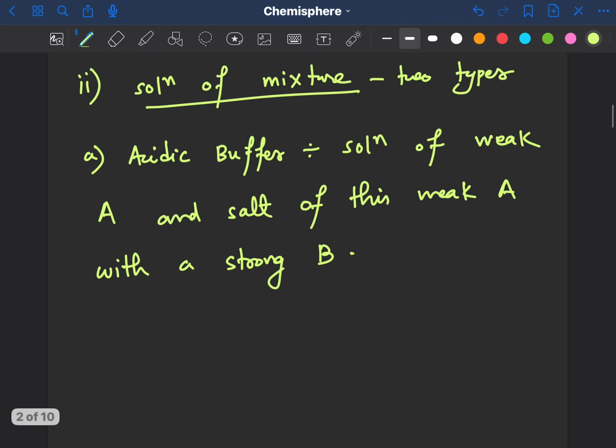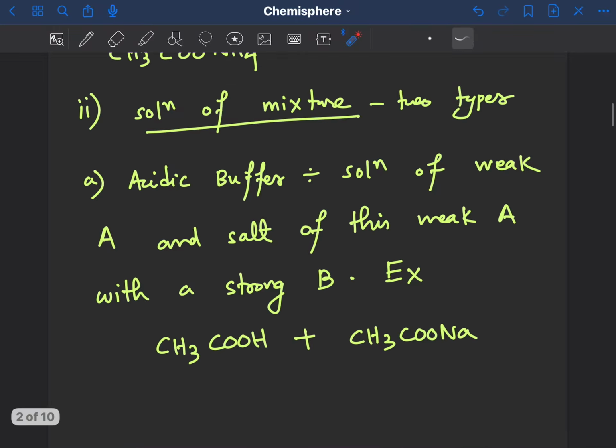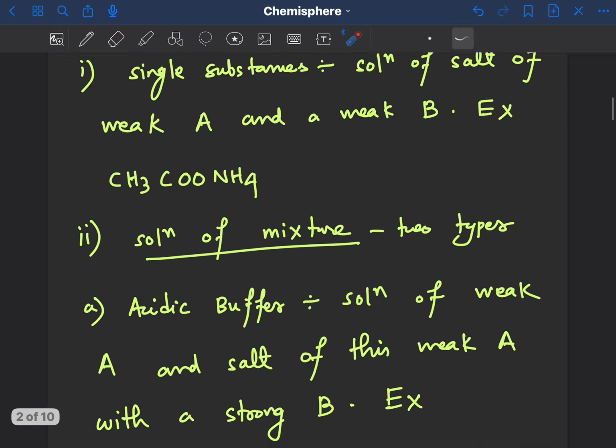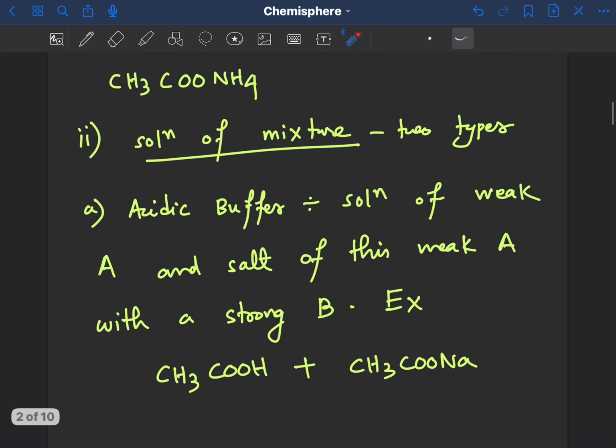For example, CH3COOH, acetic acid, plus CH3COONa, sodium acetate.